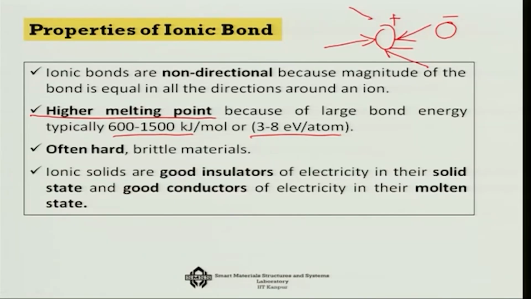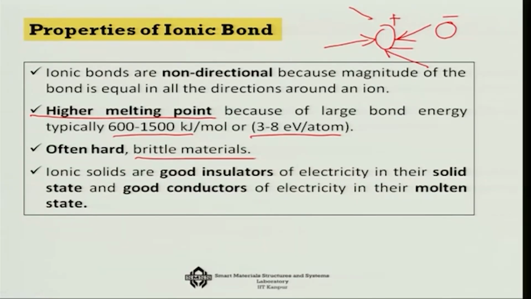That hardness comes because the bond is very strong, and it may also result in brittle materials, which we will see later, since hardness and brittleness are often found together, particularly in ceramic materials.